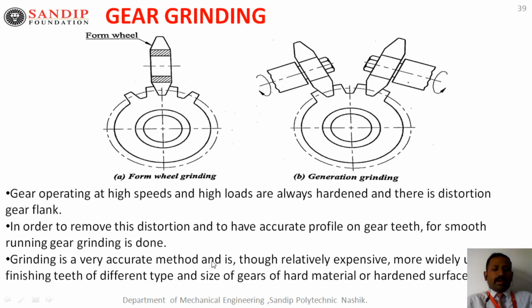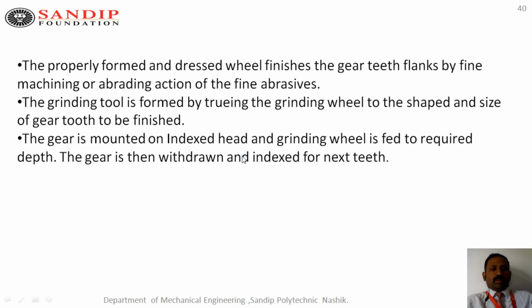Grinding is a very accurate method, though relatively expensive, and more widely used for finishing teeth of different types and sizes of gears, hard material or hardened surfaces. That type of form wheel is used for grinding. The grinding material is almost always aluminum oxide or silicon carbide.